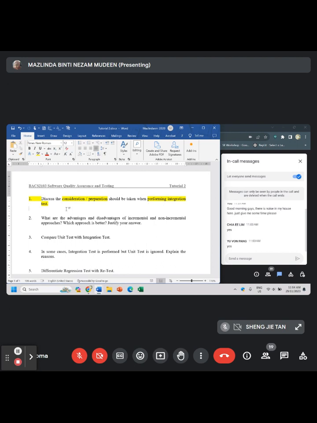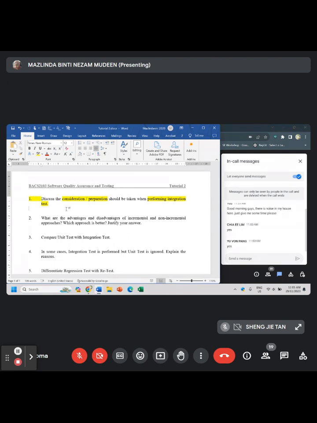For example, when we have individual units and we are combining them as a module, that is part of integration. Then when we have individual modules and we are combining them to become a subsystem or system, it is also integration test. And when the system needs to work together with another system or another environment, another device, hardware, that is also part of integration test.